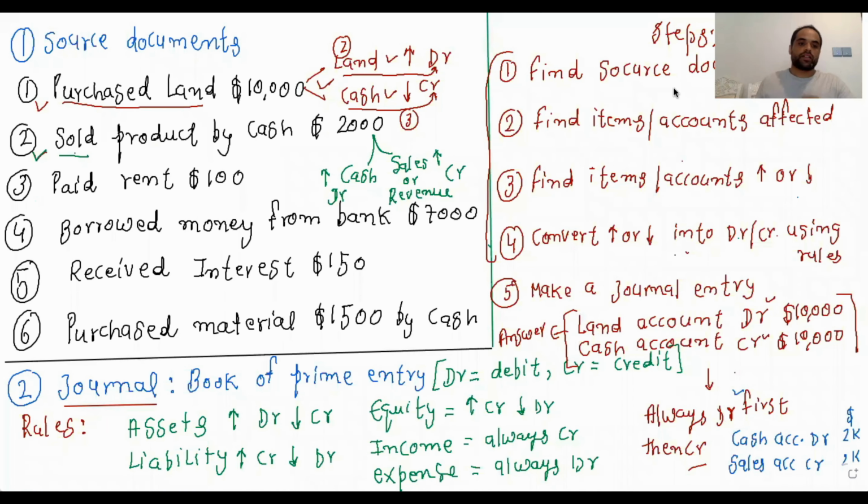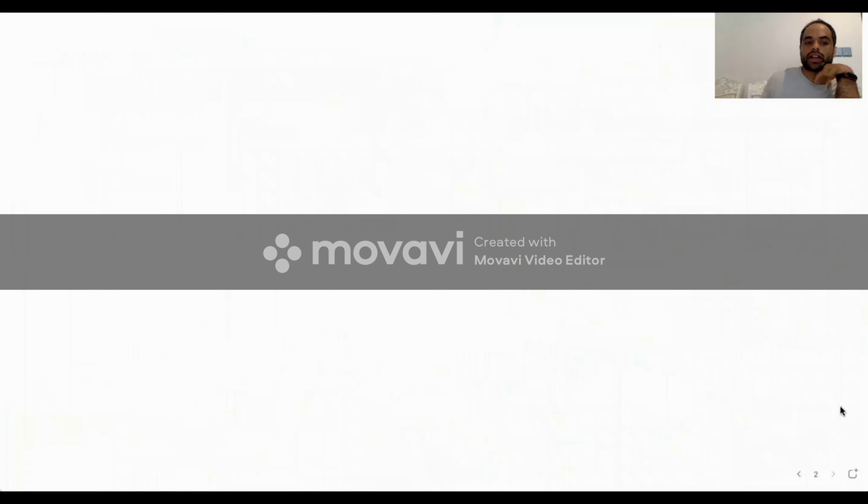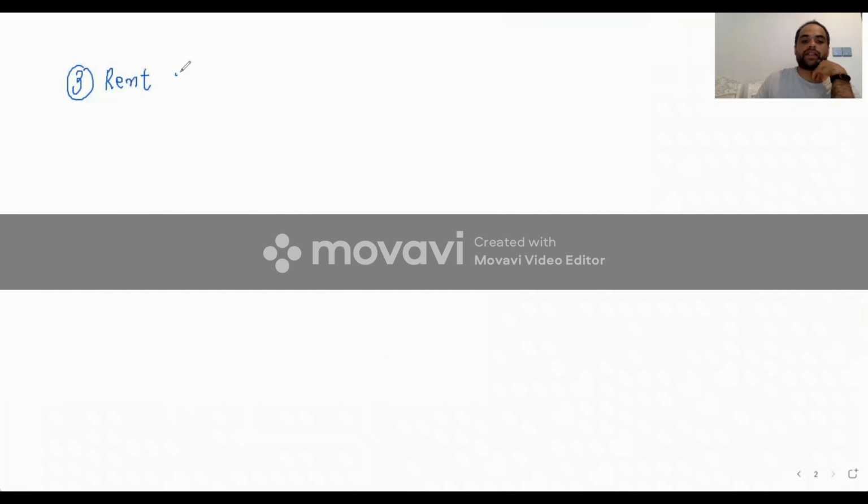So let's have a look at the answers. Someone already sent me. Some are right, some are wrong. Number 3 is paid rent, 100. So paid rent is rent expense.